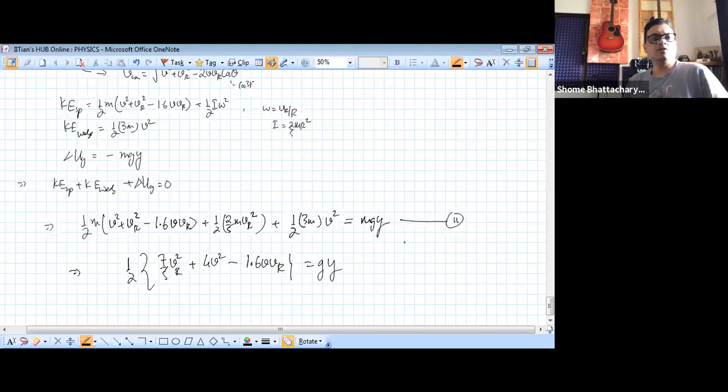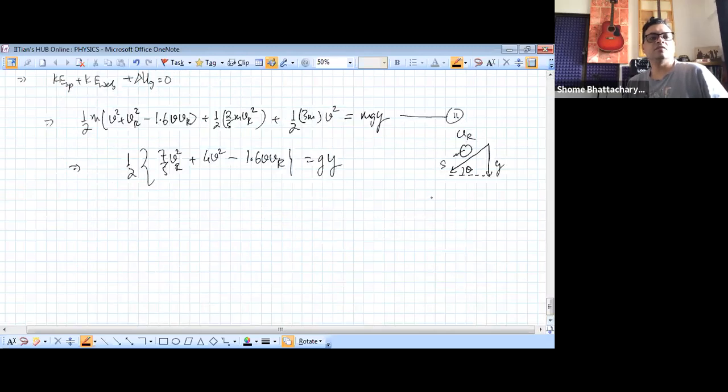Okay. Now we have this relation that this vertical displacement is y, this displacement is s, and along this direction this is ds. Okay. So we have this relation that V relative is equal to ds by dt, which is d by dt of y by sine theta. So it is 5 by 3 dy by dt.